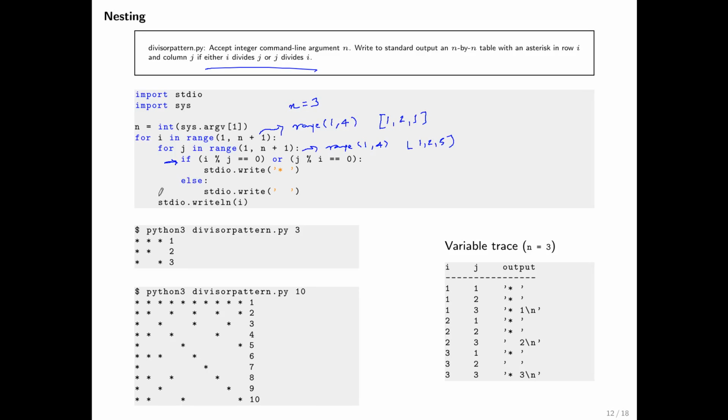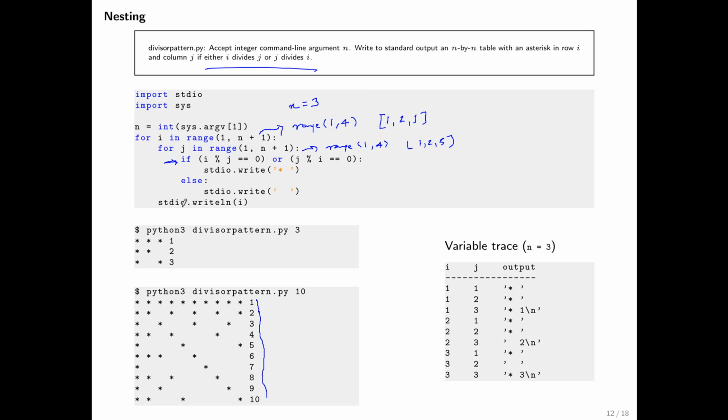Now notice here, outside of the inner loop, but inside of the outer loop, we simply write the value of I, but we write it with a new line character at the end. What are we doing here? This is what is responsible for writing these row numbers. All right. So once the J loop is done, we have processed all the columns for a particular row, right?